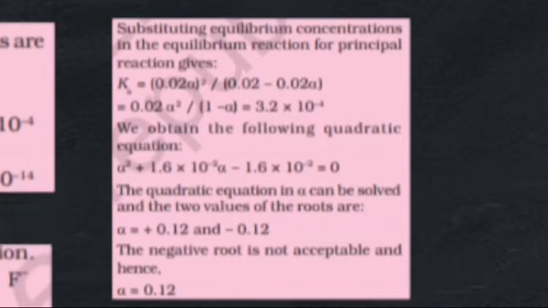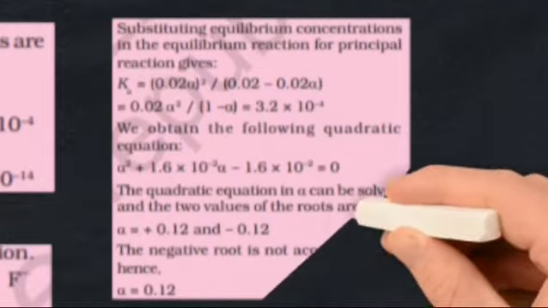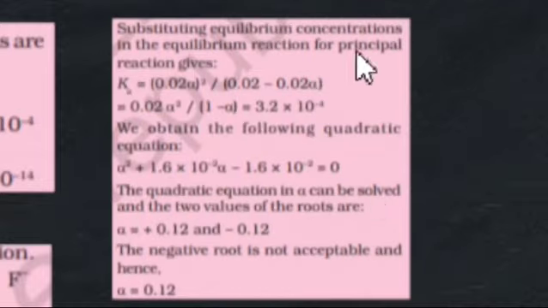It will be equal to 0.02 alpha square by 1 minus alpha, which is equal to 3.2 × 10^-4, the Ka given in the question. So we obtain the following quadratic equation: alpha square + 1.6 × 10^-2 alpha - 1.6 × 10^-2 = 0.